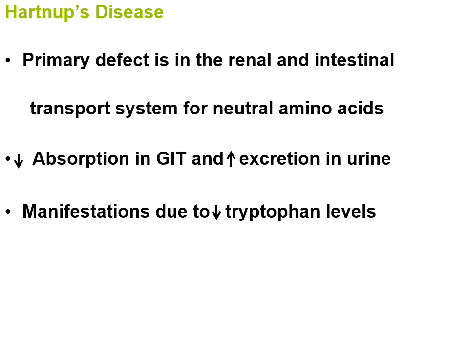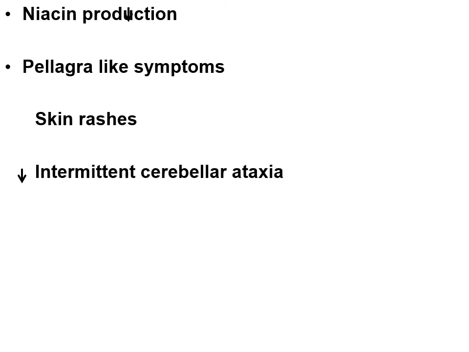And all the manifestations of Hartnup's disease are due to decreased tryptophan level. Tryptophan is a neutral amino acid. So there will be decreased niacin production. As a result, there will be pellagra-like symptoms and skin rashes, and there will be intermittent cerebral ataxia.